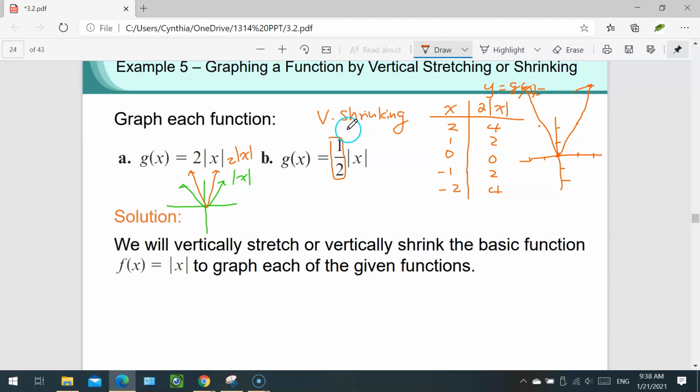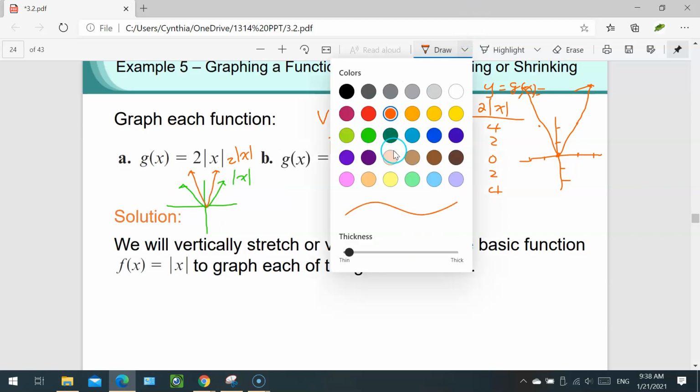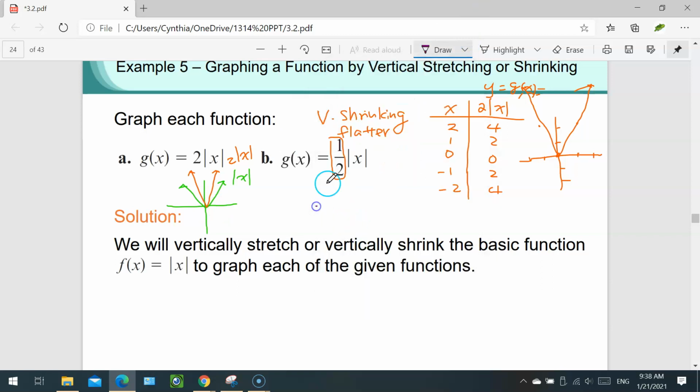That means the graph will go flatter, near to the x-axis. The basic absolute value function is the green line. Now I'm going to sketch the graph of one half times the absolute value of x. It will go flatter and near to the x-axis. So the purple line would be one half times the absolute value of x.